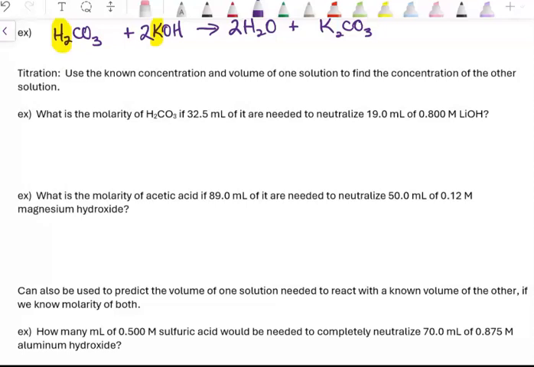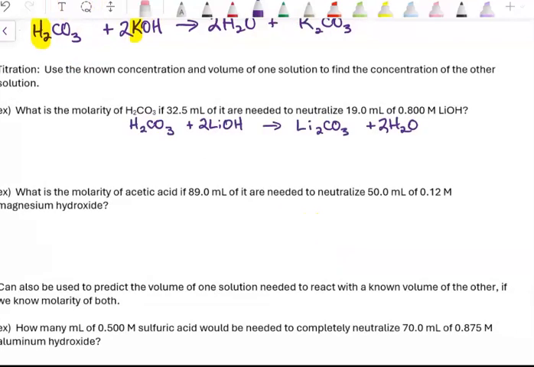So go ahead and pause now and see if you can come up with one of those. Okay, so there we go. We have our balanced equation. Lithium carbonate and water are our products. All right, so if we're looking for an unknown molarity, we have a volume of our H2CO3, right?